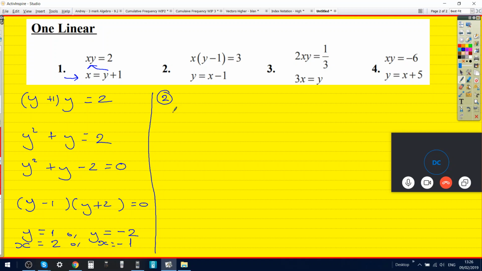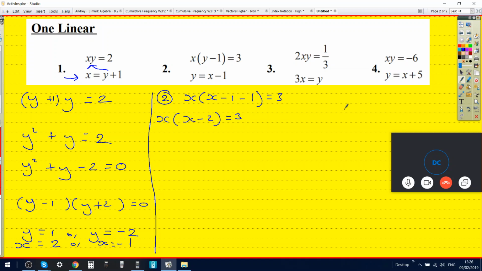If I do, so x bracket, x minus 1 close bracket equals 3. That's the same as x bracket, x minus 2 equals 3.